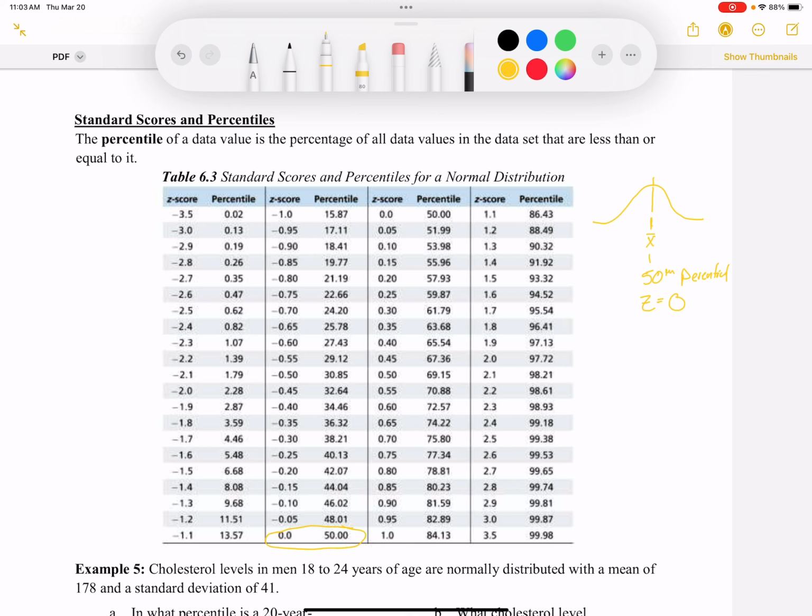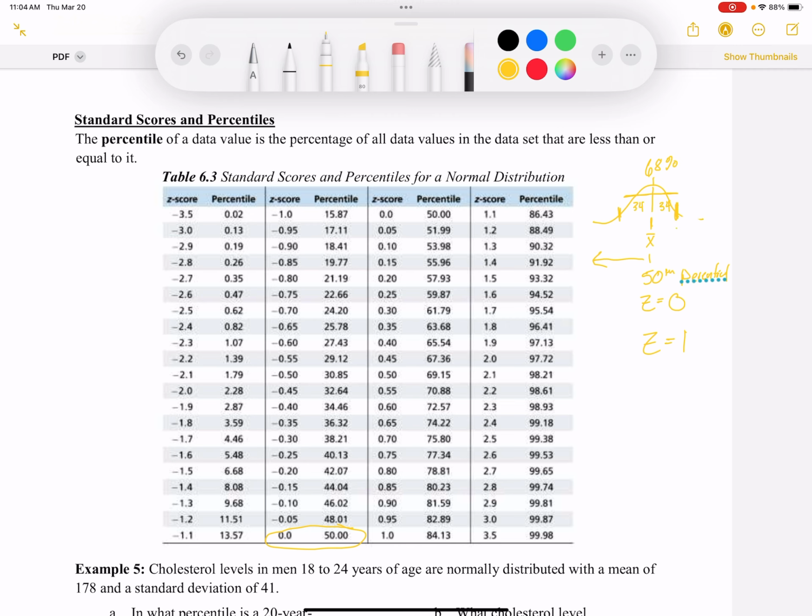And we see that for a z-score of 0, 50% of the values are below it, right? What about if I go 1 standard deviation above the mean? Let me just say the z-score is 1. Z equals 1. Well, look, in the empirical rule, I know if I go 1 below and 1 above, that's 68% of the data. So this is 34% and this is 34%.